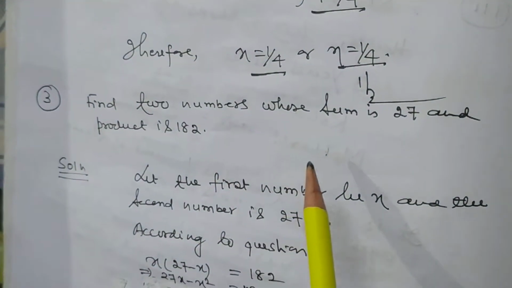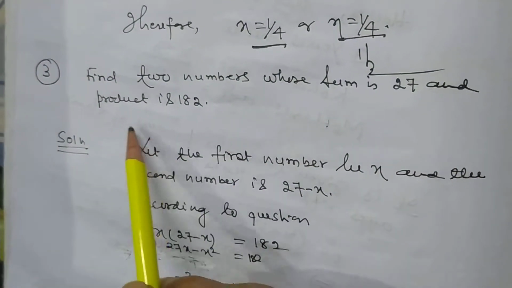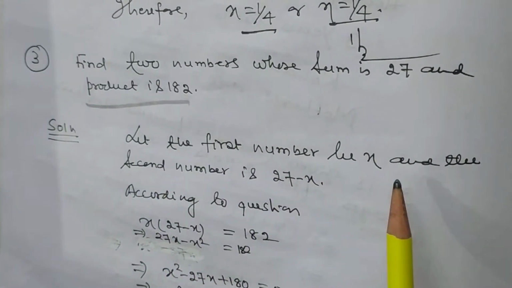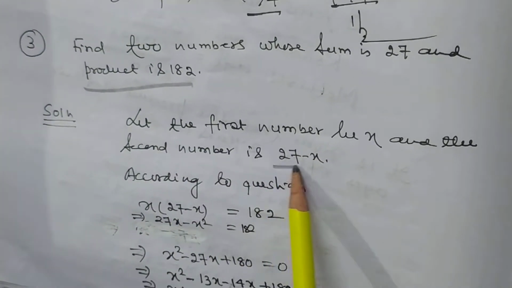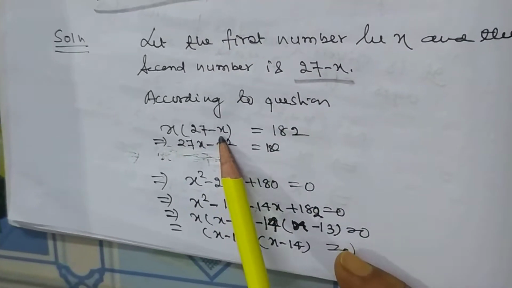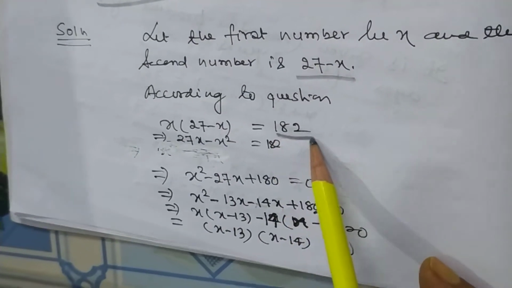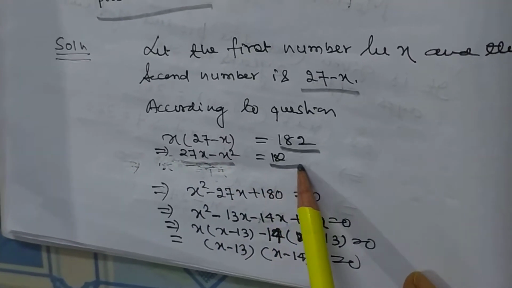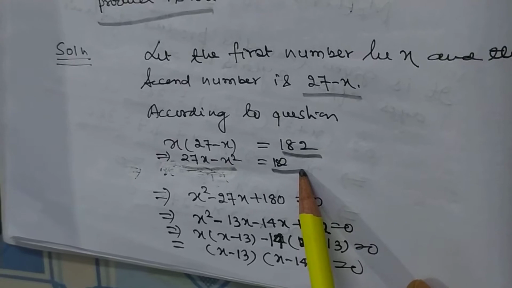Now, find two numbers whose sum is 27 and product is 182. Let the first number be x and the second number be 27 minus x. According to the question, x into (27 minus x) is equal to 182. So it will be 27x minus x square is equal to 182.